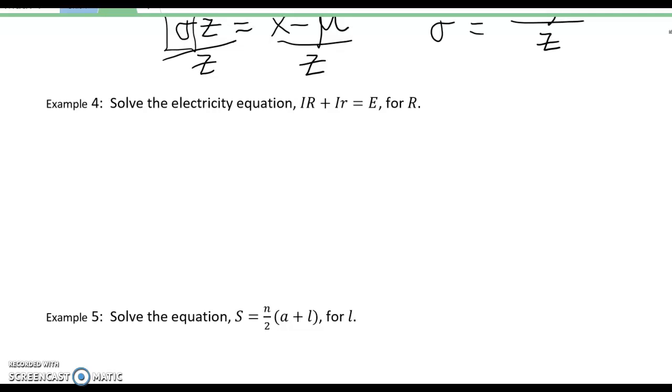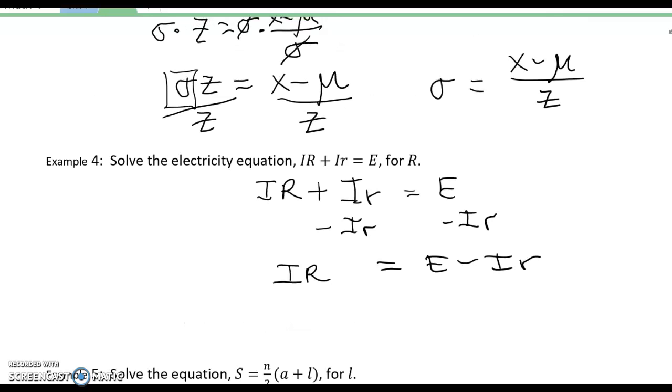All right, let me give you some time if you can do example number 4. We're given this equation for electricity, and we're solving for big R. We're going to start off by subtracting IR from both sides. We're undoing these operations.